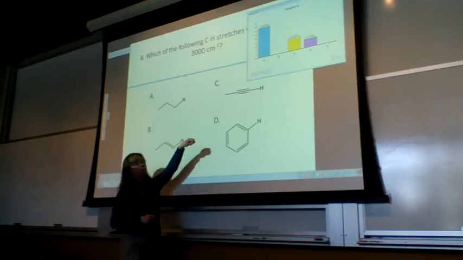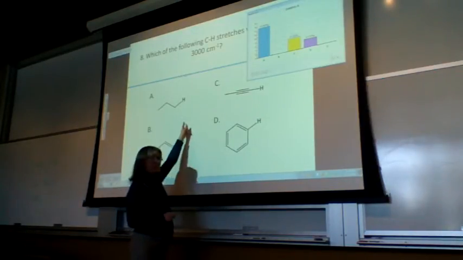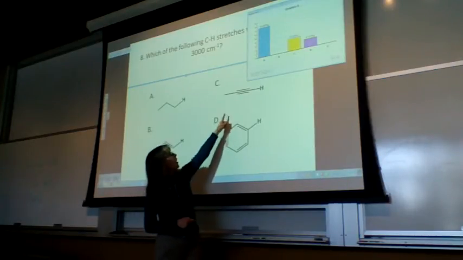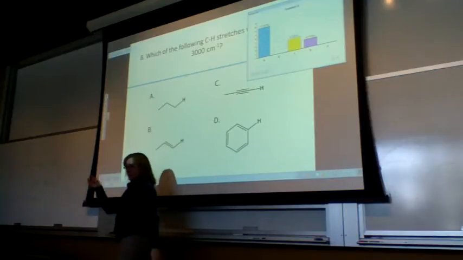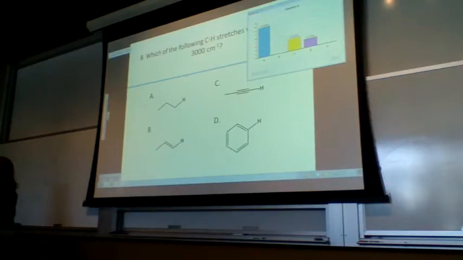A hydrogen would show up below 3,000. So A would be the correct answer. The others are sp2 and sp hybridized, which show up above 3,000. So like the aromatic, that's not at like 1,614. That would be the carbon-carbon stretches, but we're looking at the CH on this one in particular. It says CH right there.